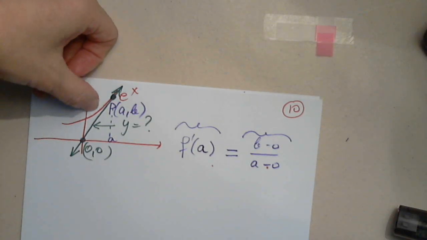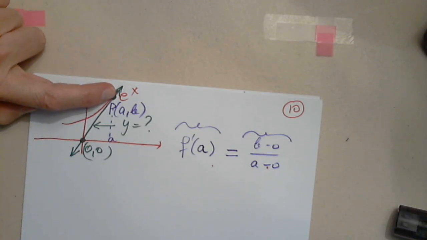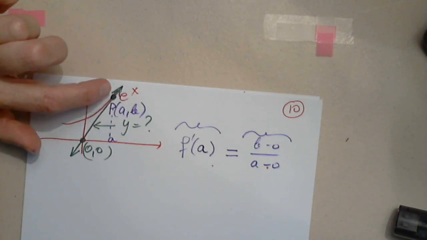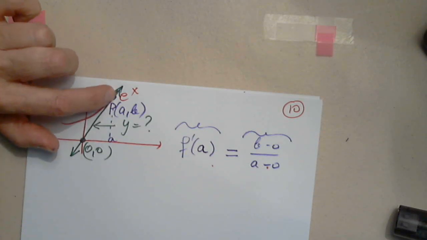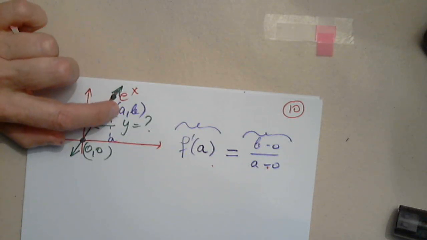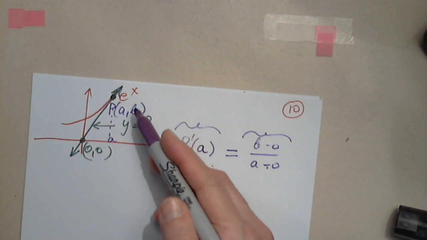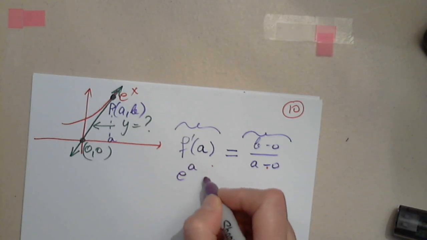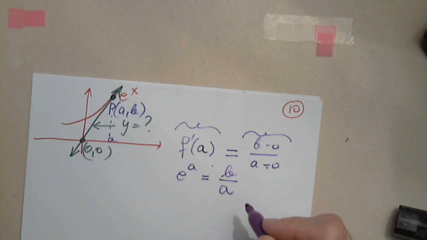Right? Because this is the function e to the x, and if I want to determine the slope of the line at the point P of coordinates a comma b, the slope of the tangent line at this point, I have to find f prime and plug in a. So f prime of a, since f prime of x is e to the x, this will be e to the a equals b over a. Any questions so far?